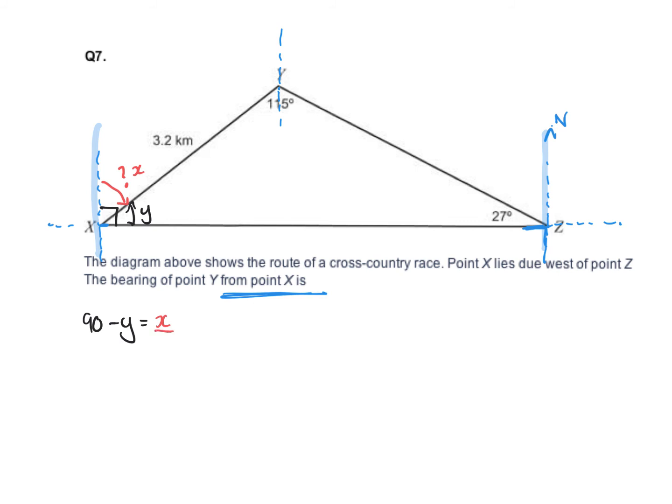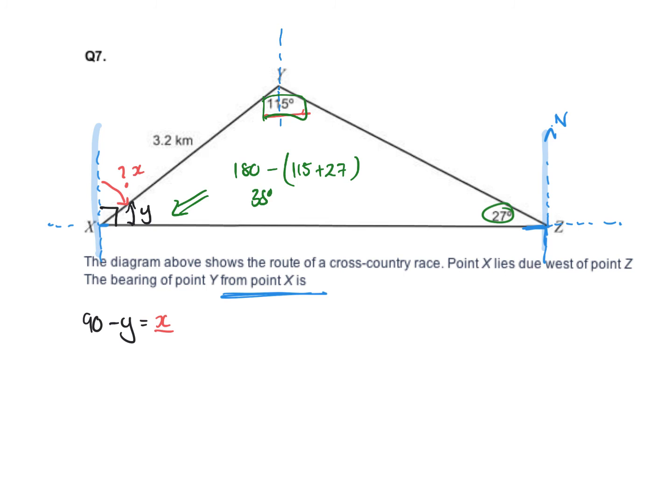So how do I find out Y? Well, I can see I've got 115 here and 27. So 115 plus 27, if I subtract that from 180, it's going to give me this one. So 180 minus 115 plus 27, we get 38.